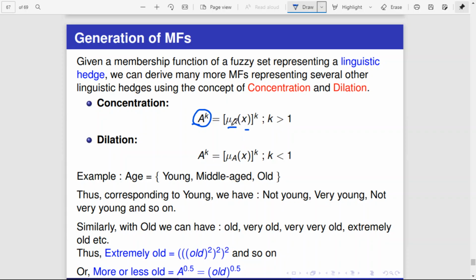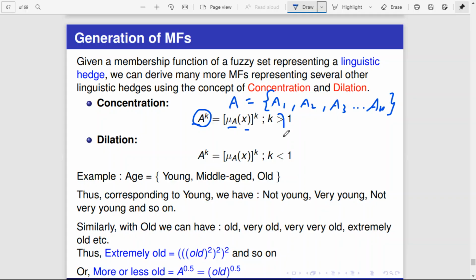It means that you already have a membership function, you already have a fuzzy set, whose result is nothing but mu A of x. Say you have a fuzzy set A, and this fuzzy set contains some values like a1, a2, a3, up to an. How did you get these different values?